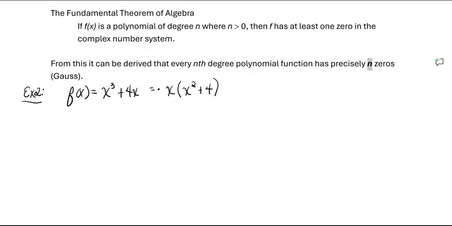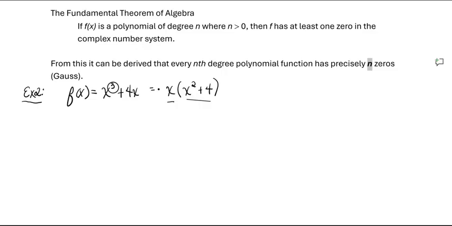So here I have 2 factors, but they are not linear factors. We need to create 3 linear factors, because the power is 3. So I also have to factor this second binomial, x squared plus 4. So my first factor is x, my second factor is x squared plus 4, and I can factor that again.